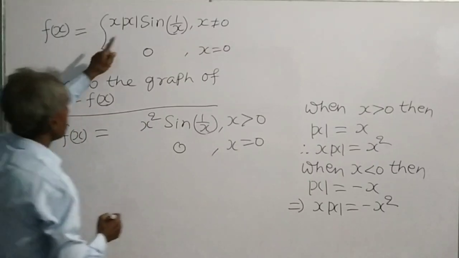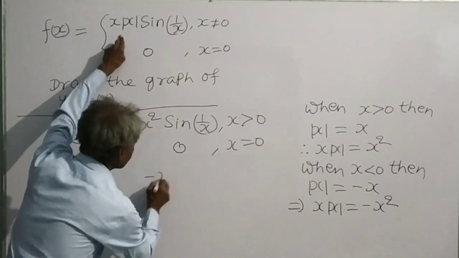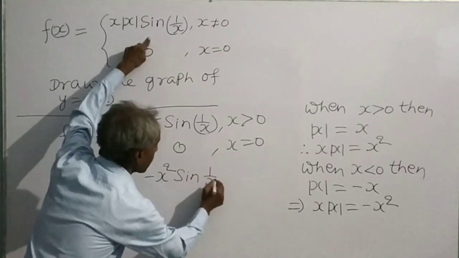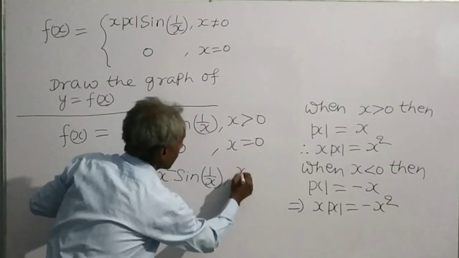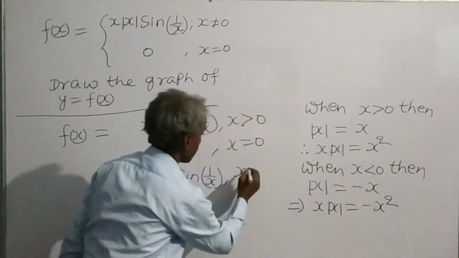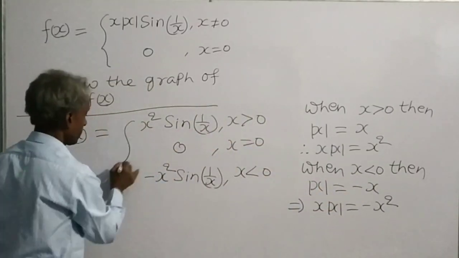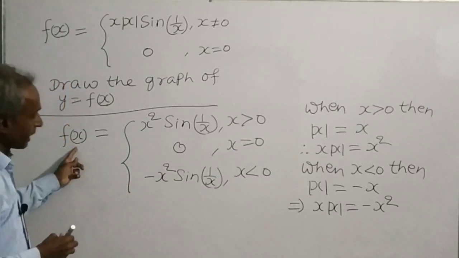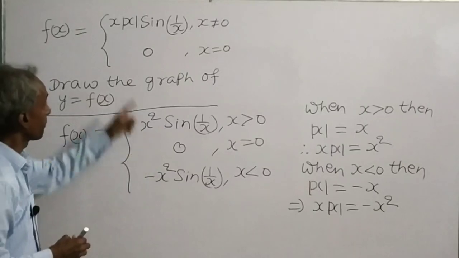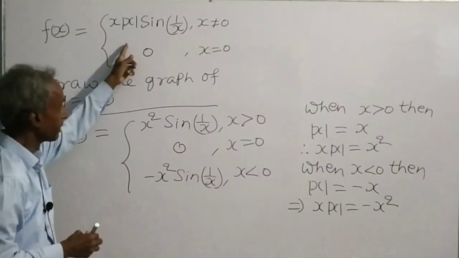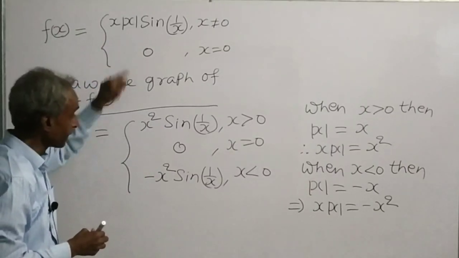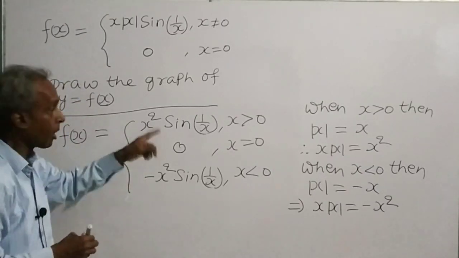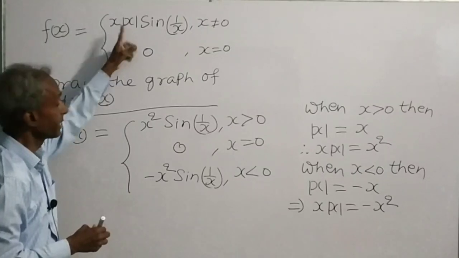Therefore, f(x) will be minus x square sin 1 by x when x is negative. This is f(x), this function, written in this form after removing the mod written here.